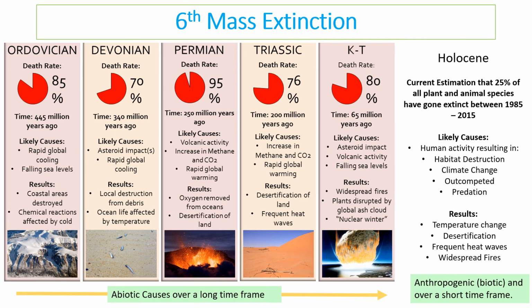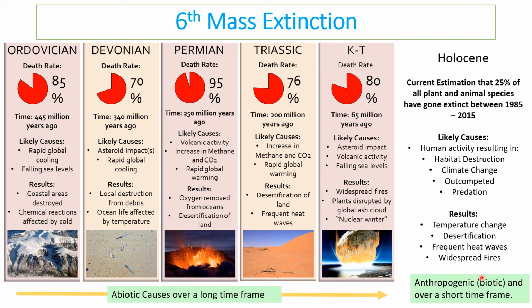Now, we're currently, according to scientists, entering or in the Holocene extinction, because it's currently predicted that our extinction rates are much higher than they should be. And they think that 25% of all plant and animal species have actually gone extinct in the 30 years since 1985. Now, obviously, the difference here is this is the first anthropocentric caused extinction.